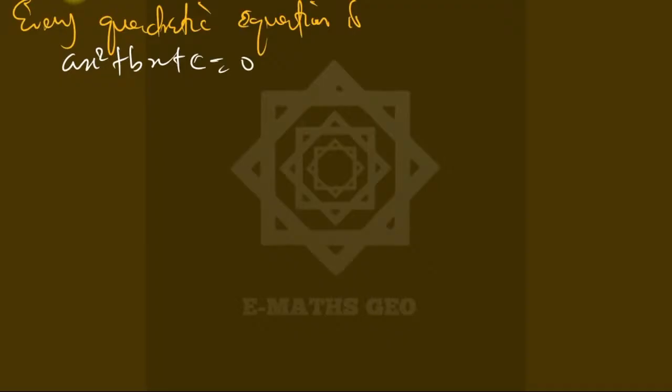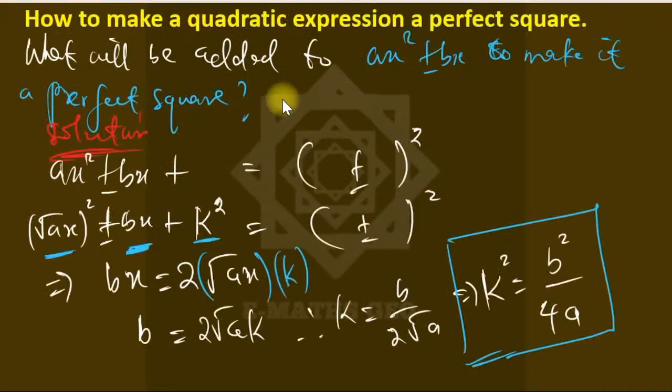We are looking for x. If you could remember, we'll make the quadratic expression a perfect square. So let's make it only a quadratic expression by moving c to the other side. It becomes minus c. Remember, check. What will be added to something like this? This is the quadratic expression. So that's what I'm doing now.